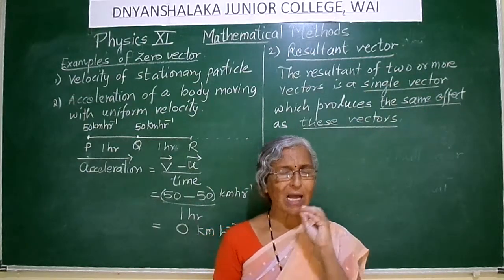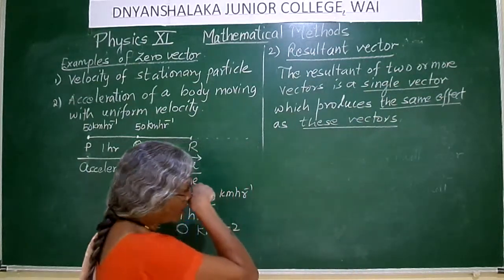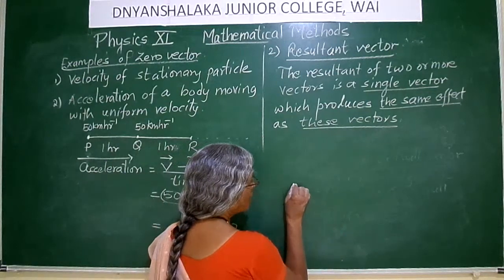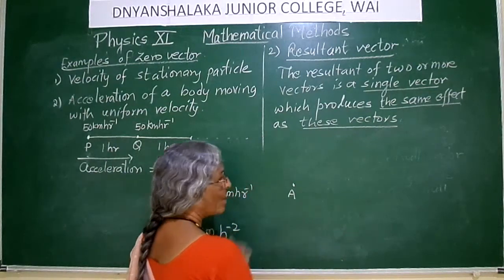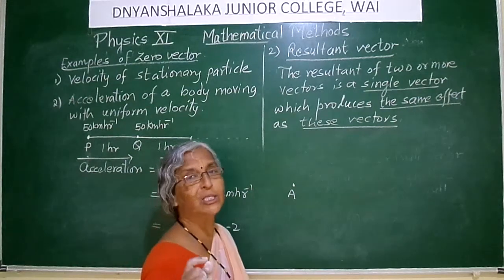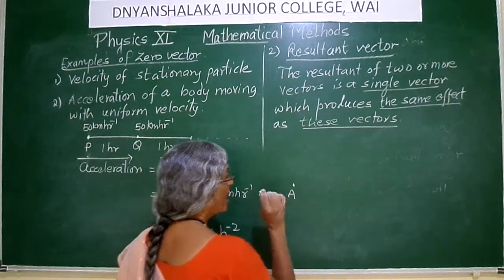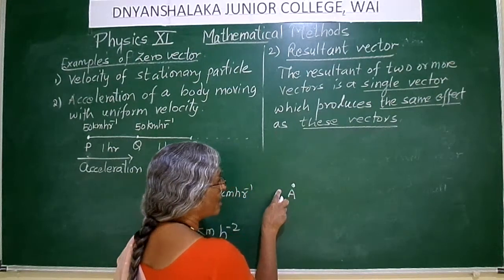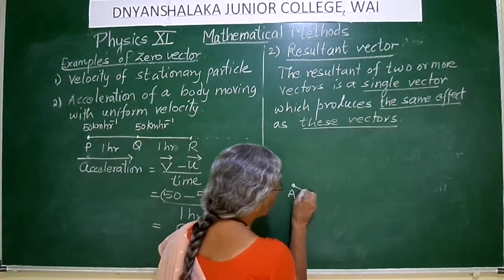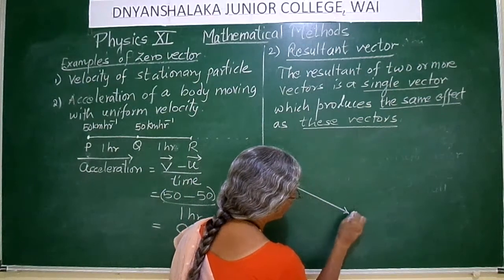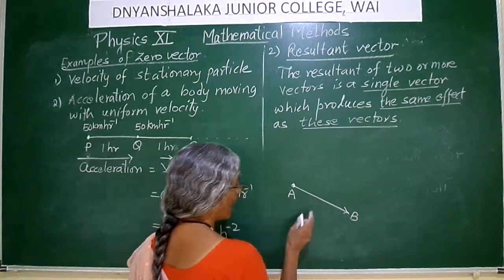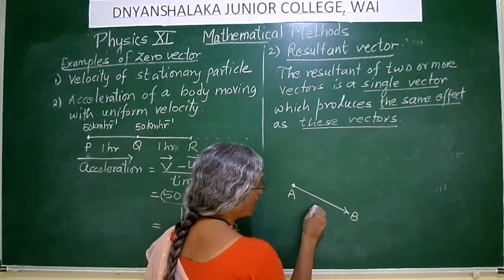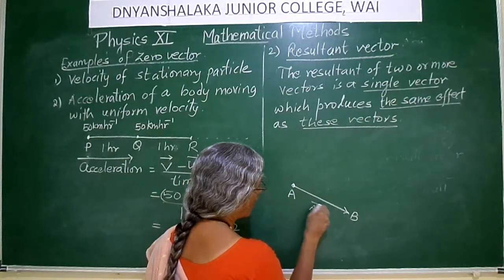Okay. अब एग्जाम्पल लेंगे हम. देखो, we'll consider a point A and we'll consider a displacement vector. Say an object is getting displaced from point A to point B in this direction. Okay, then let me represent this as vector AB in this direction.